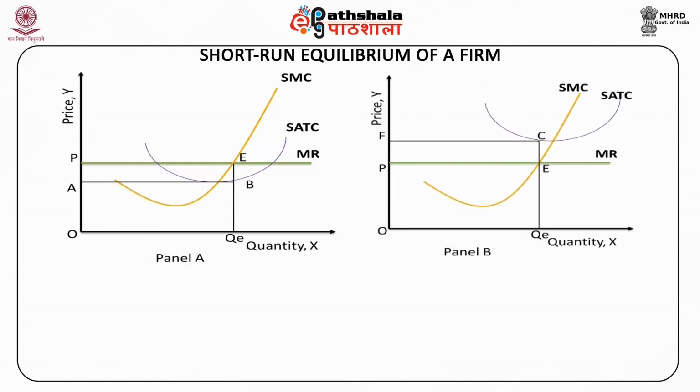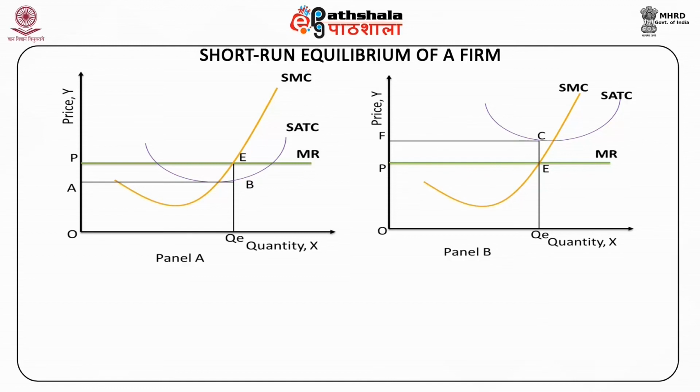Similarly, in panel B of the diagram, we can show the scenario in which the firm may incur losses if the short-run average total cost falls above the price. As shown in the figure, the firm makes a loss equal to the area FPEC.